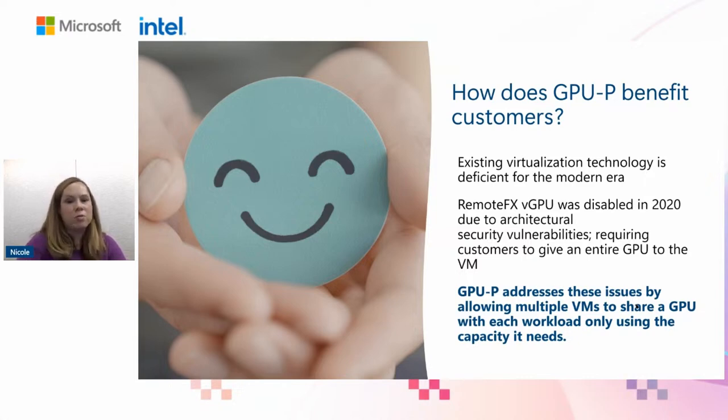As a result, customers were once again left needing to give an entire GPU to the VM. GPUP now reestablishes this capacity to share a physical GPU with multiple VMs and only provide the capacity each VM needs for its particular workload, providing cost-optimized and efficient configurations.